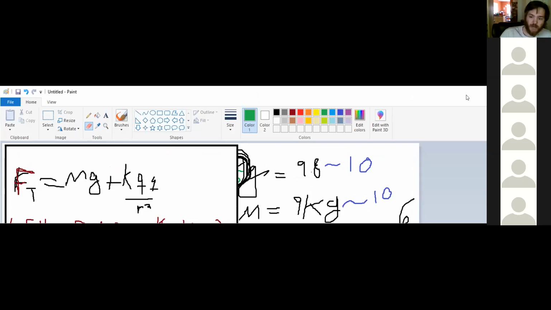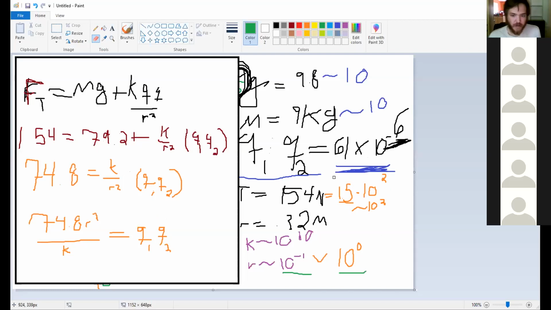So in this case, we're going to solve for Q green. And to solve for Q green, I'm going to assume that it is the lesser charge. Q green is the lesser charge. So let me do this again. So we've got Q1, Q2 is equal to 61 times 10 to the negative 6, or 6.1 times 10 to the negative 7.